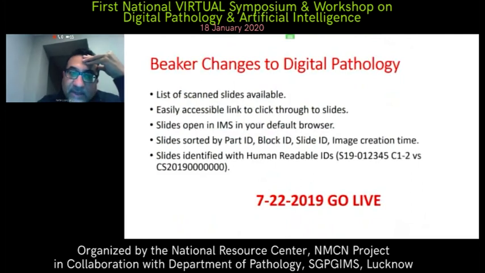We have an easily accessible link to click through to the slides. Slides open in the image management system, and we use Chrome as our default browser. Slides are sorted by part ID, by block ID, slide ID, and image creation time. So we are sending these components in the message to the scanning system, and as a result, slides are identified but also with human readable IDs.